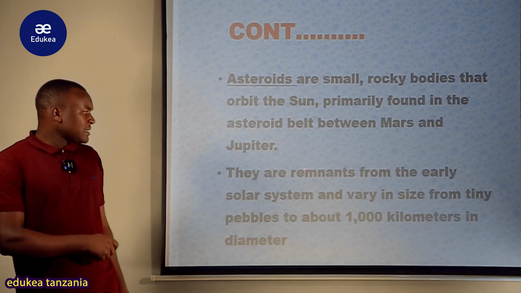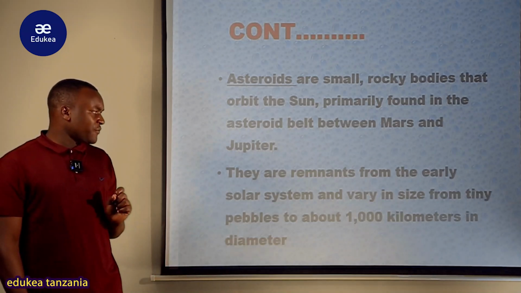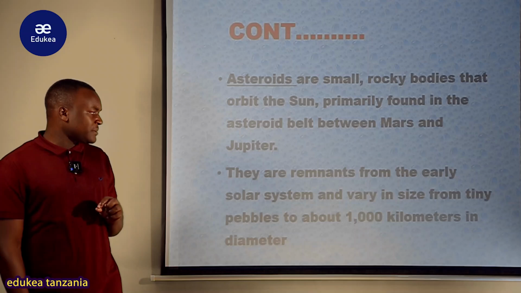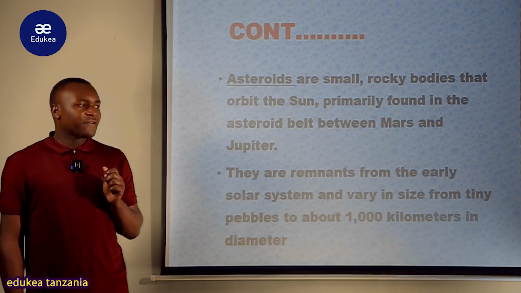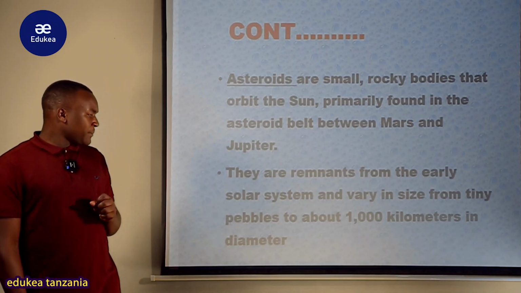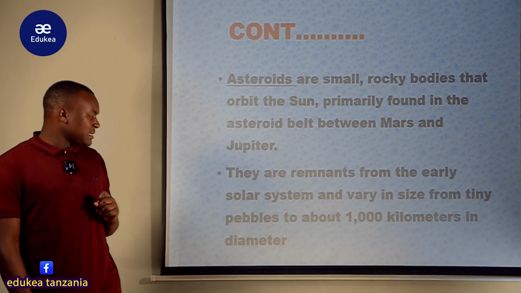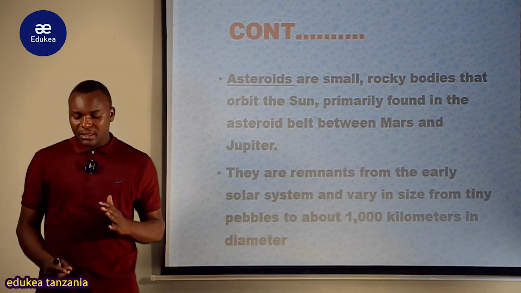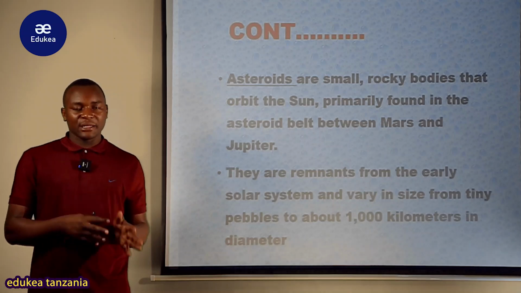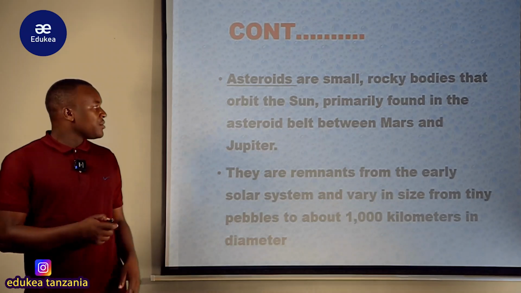We say that they are remnants from the early solar system and they vary in size from tiny pebbles to about 1,000 kilometers in diameter. That is the meaning of asteroid and astronomy.